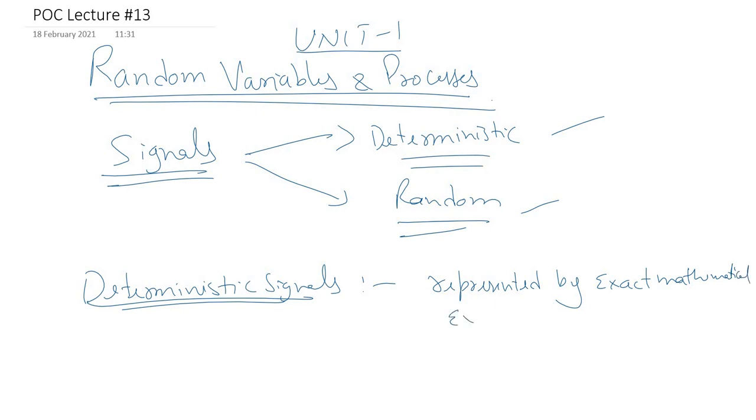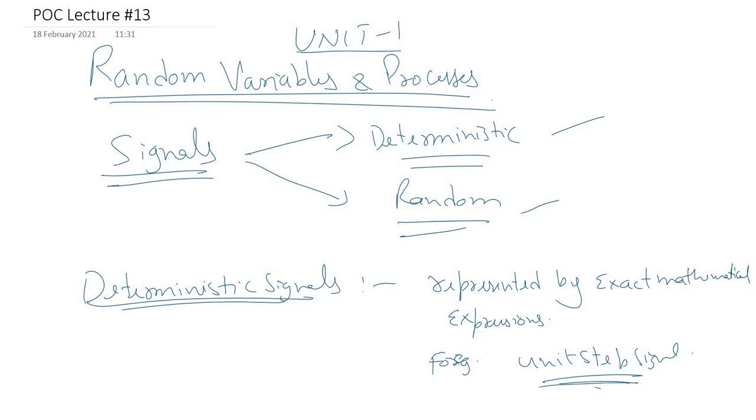For example, a unit step signal. We have an exact mathematical representation for a unit step signal, right? This is a kind of deterministic signal.